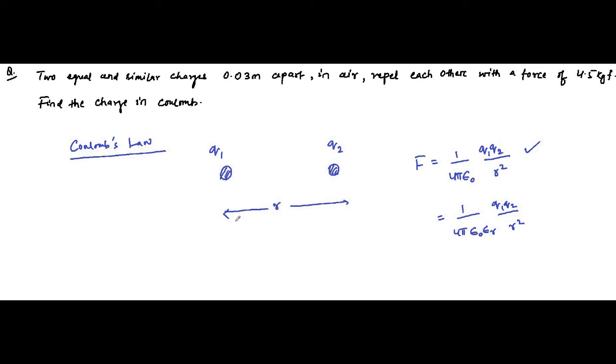Here it has been given that the electrostatic force of repulsion is 4.5 kgf, so the force is equal to 4.5 into 9.8 newton. kgf is kilogram force. The distance of separation r is 0.03 meter.